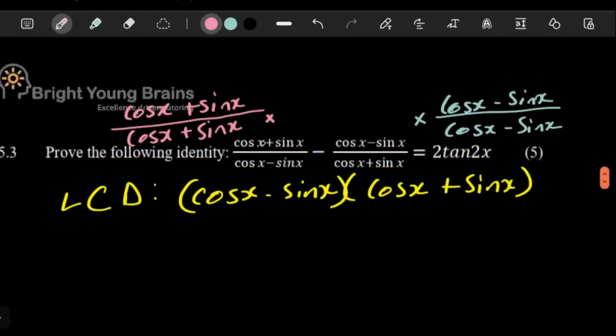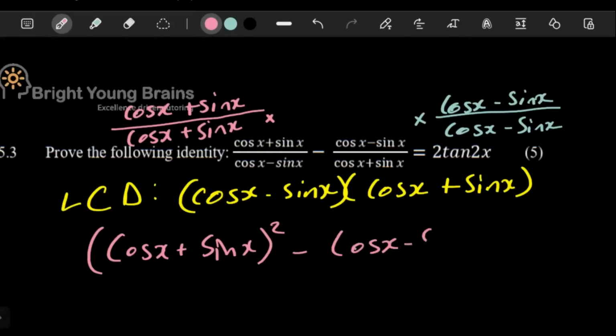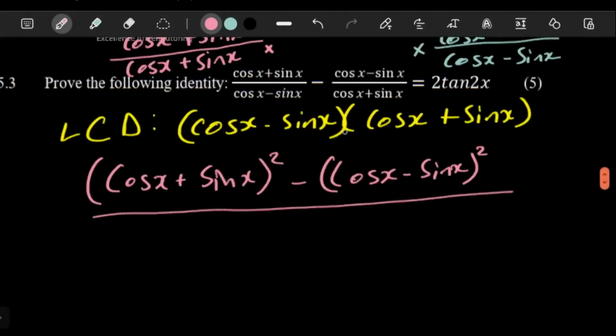So what's going to happen is, on the top, you have this that looks exactly like that. So they're identical, you see. So you have cos x plus sine x, the whole thing squared. And then here, this times that, you're also just going to have cos x minus sine x, the whole thing squared. The bottom part, though, you're going to have these 2 pasted together.